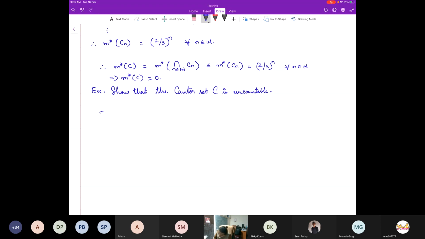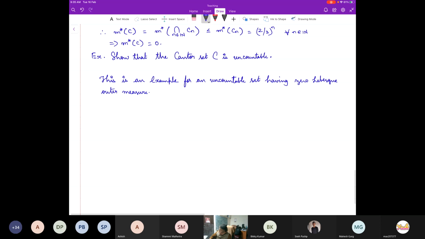This is an example of an uncountable set having 0 Lebesgue outer measure.